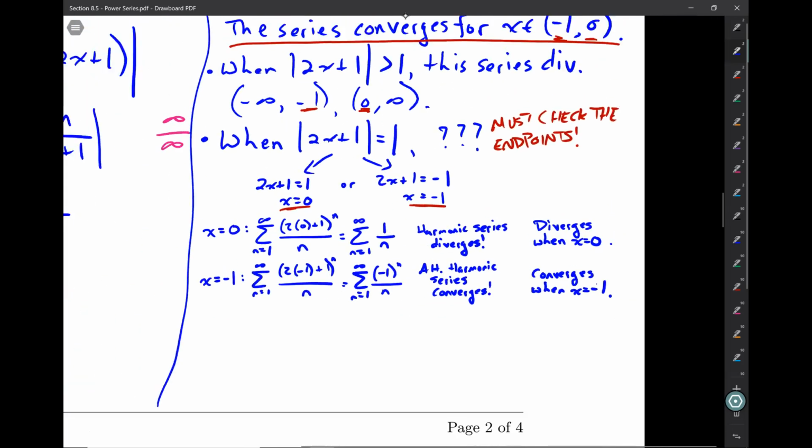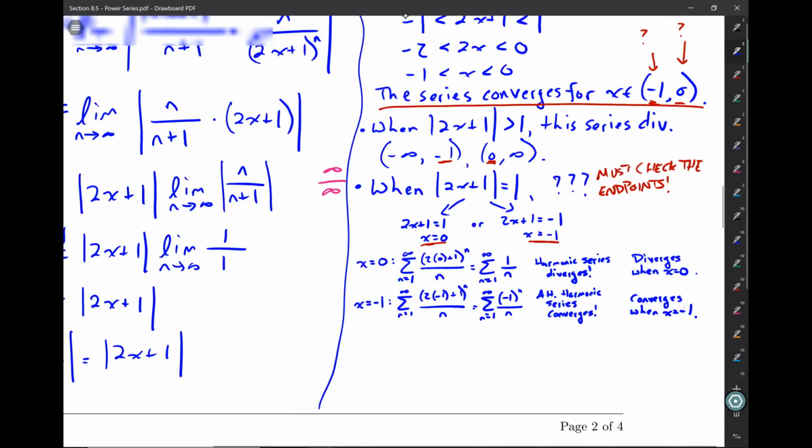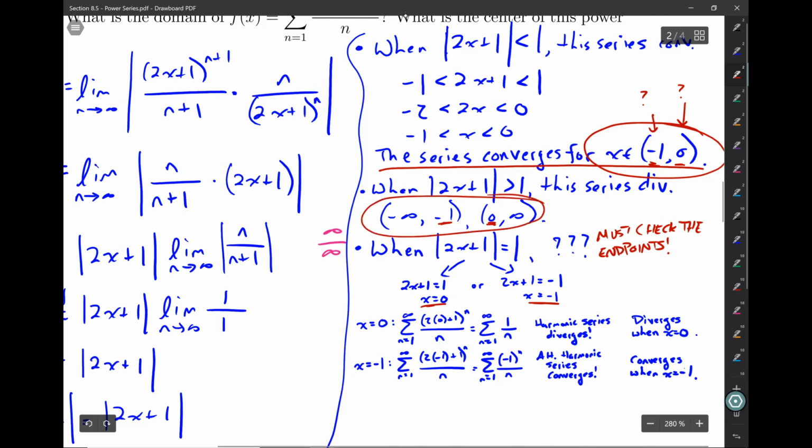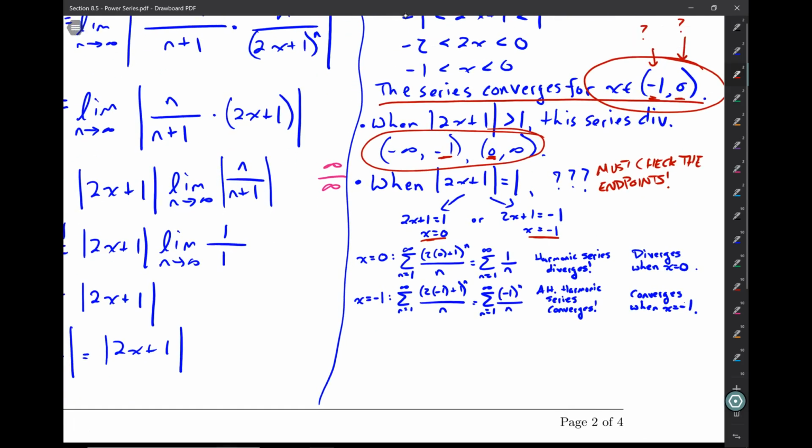So the ratio test was really nice because that one test allowed us to make 3 very different conclusions, but they all work together to say the same thing. That our series converges for all values between negative 1 and 0. It diverges for all values outside of that. And then we have to do some extra tests.